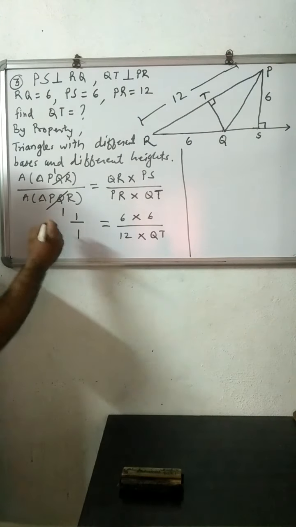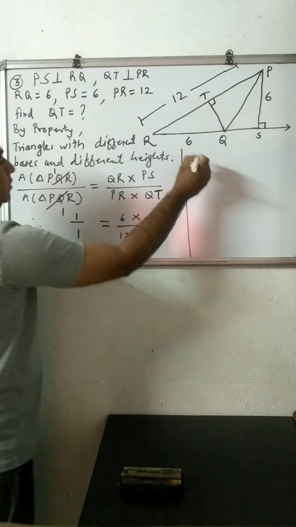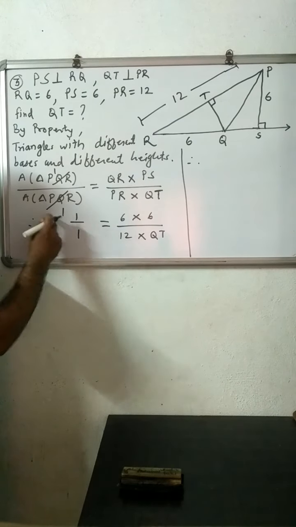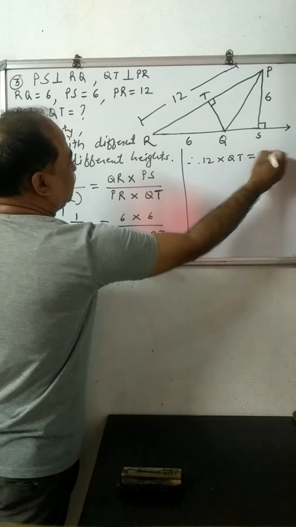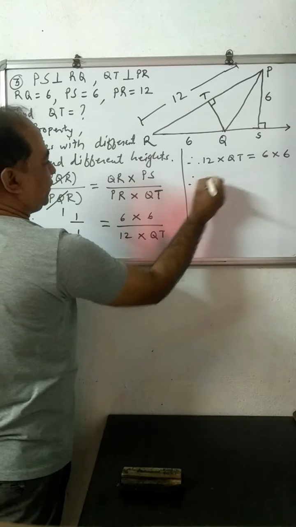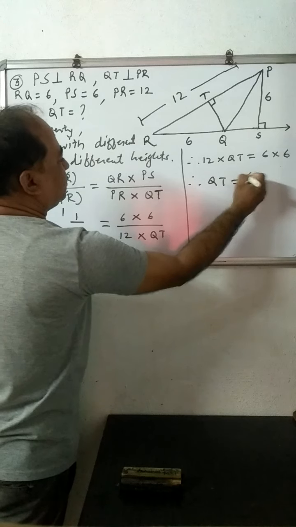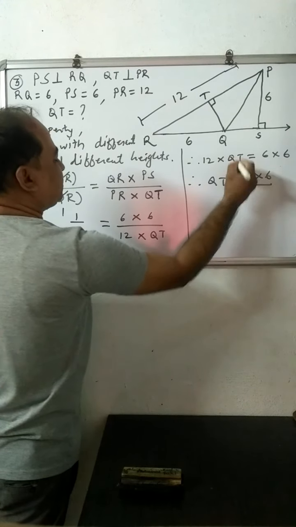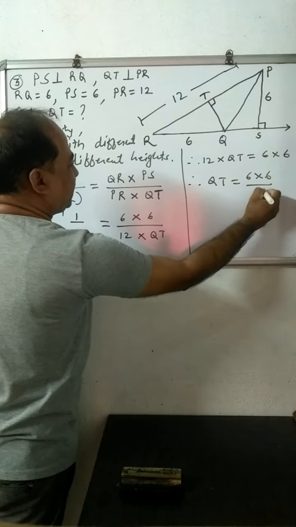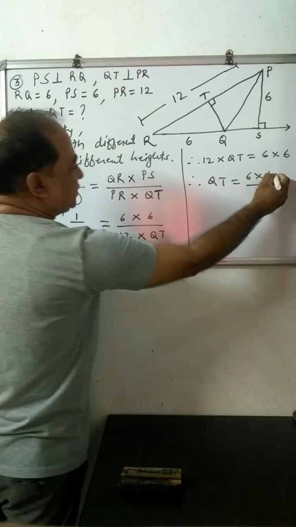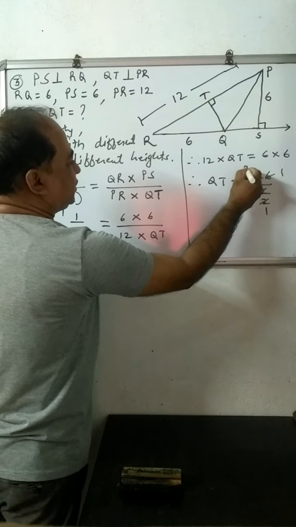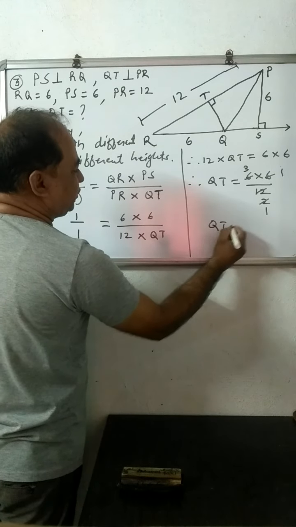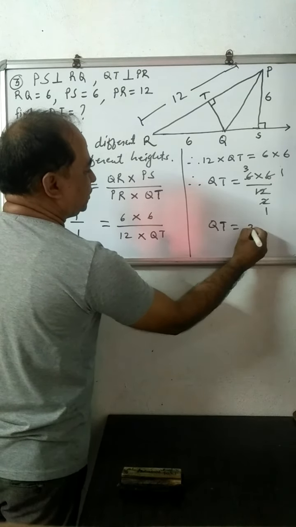So therefore, here cross multiply, 12 into QT is equal to 6 into 6. Therefore, QT is equal to 6 into 6 upon 12. Here 12 is multiplication, so it will jump, here it will get divided. Now 6 1s are 6, 6 2s are 12, 2 1s are 2, 2 3s are 6. So QT is equal to 3 units.